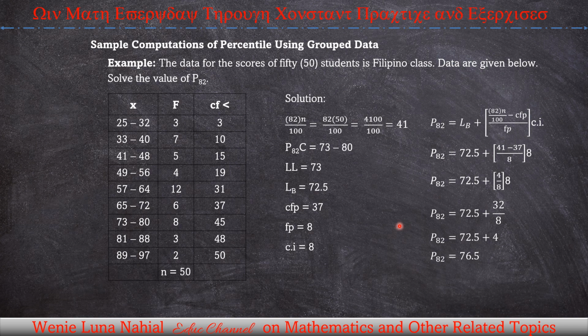So the meaning is 82% of the test scores of the 50 students are less than 76.5.